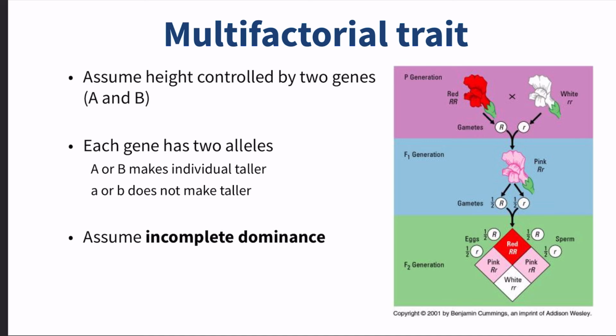So let's say, for example, that this phenotype, this trait, human height, is controlled by two genes, and let's just call them A and B for now. If you have a big A or a big B, that's going to make you taller. If you have a little a or a little b, that's going to make you less tall.